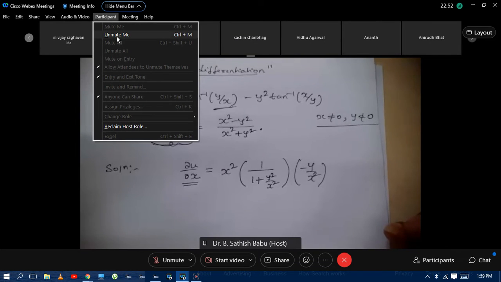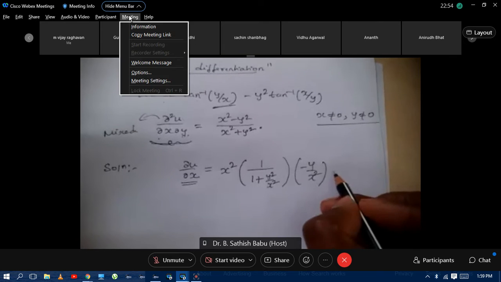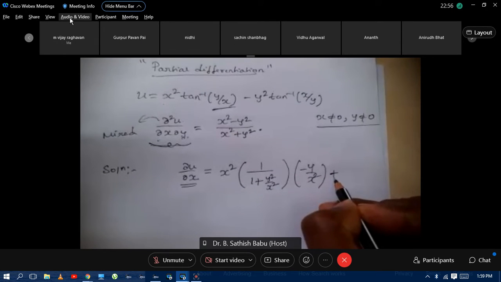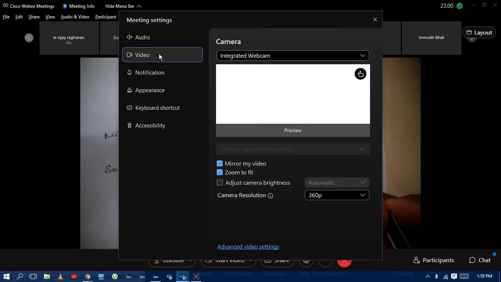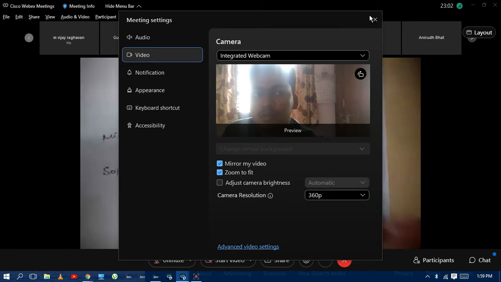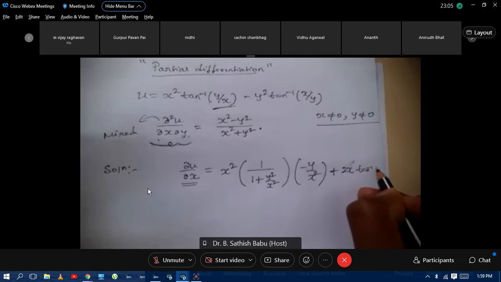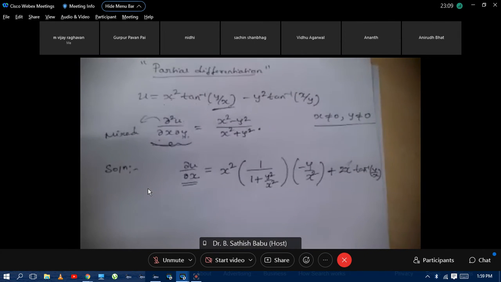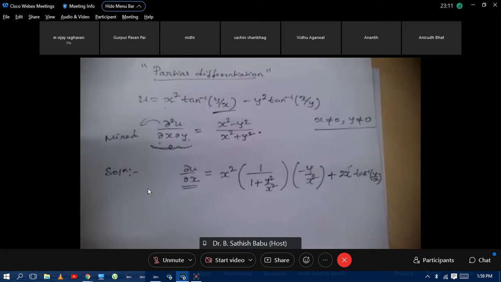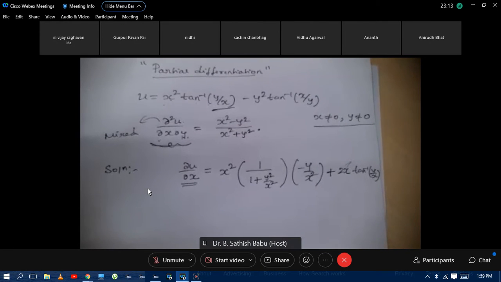Correct? Okay. Plus, since it is a product rule, first into differentiation of second one, plus second one, tan inverse of y by x, into differentiation of the first one, x square, becomes 2x. Good?